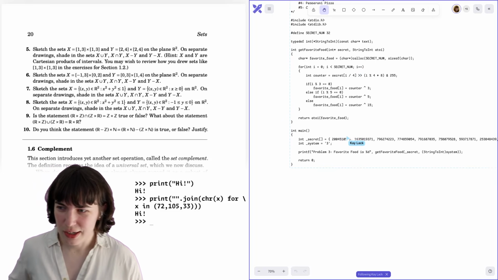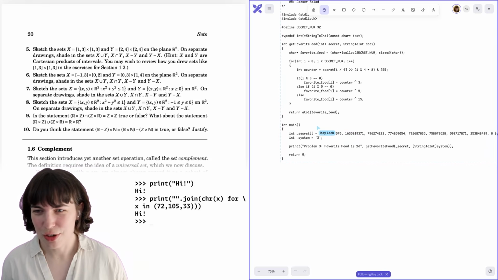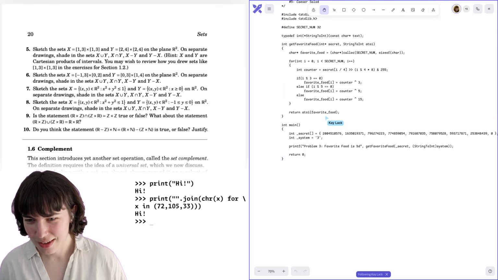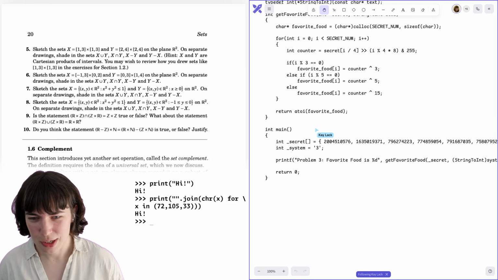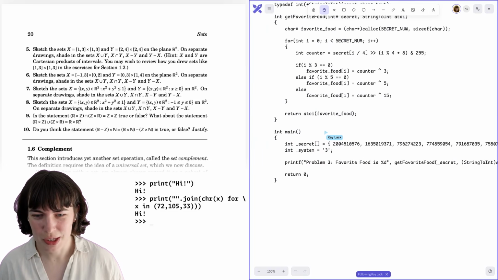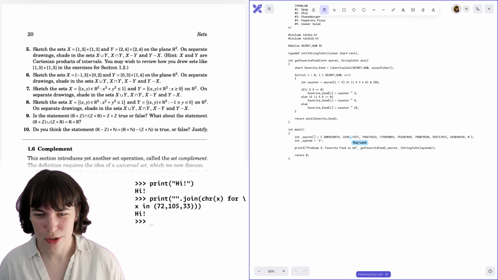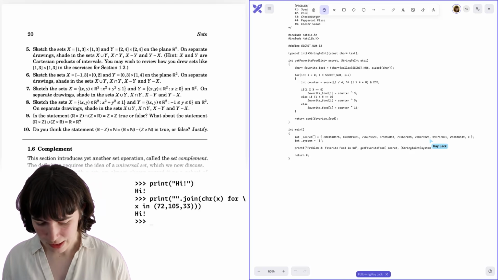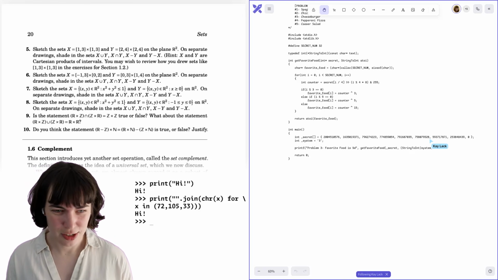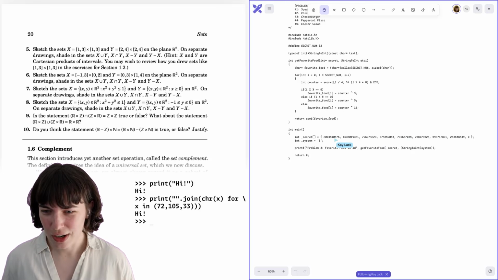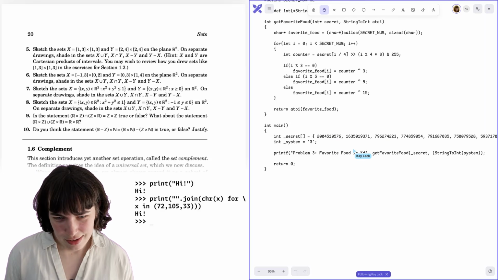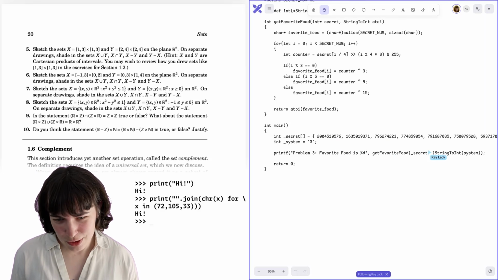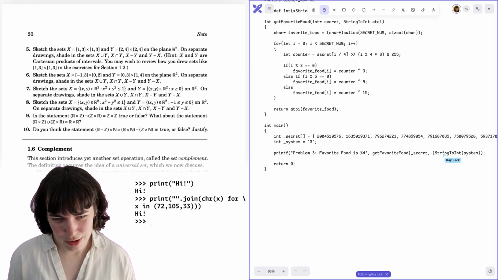Yeah, so what is it going to do? Now this is even more interesting. Okay, so we've got a main, we set up a dubious secret: 1, 2, 3, 4, 5, 6, 7, 8. That spells shutdown in the number of characters. Okay, get favorite food, secret.